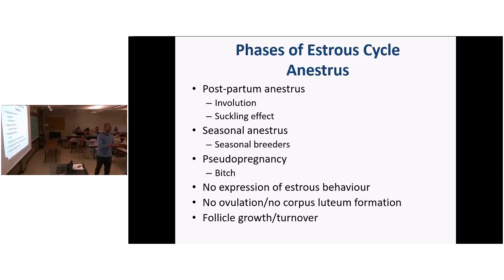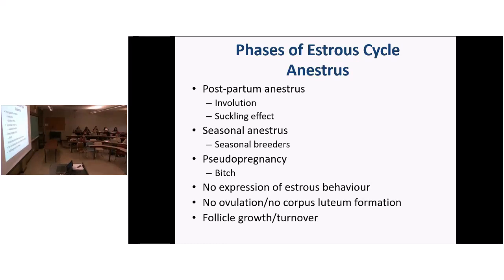And sheep and equine tend to be opposite. In one, as light goes up, they start to cycle, and in the other, sheep, as light goes down, they start to cycle. That's because melatonin has a pretty big effect. We can talk about this a little bit later.